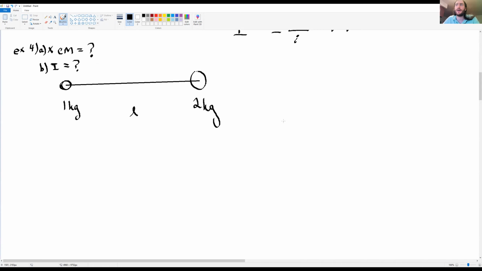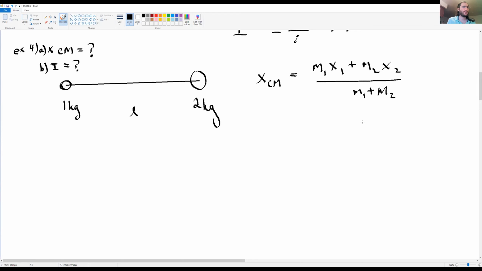How do we get x center of mass? Well, the x center of mass is that weighted average divided by the total mass. So it's going to be m1 x1 plus m2 x2 over m1 plus m2.